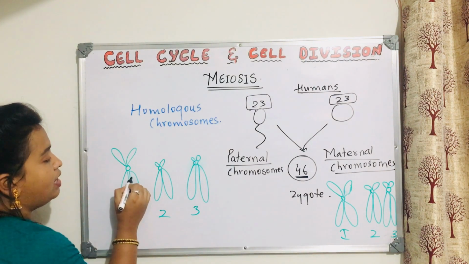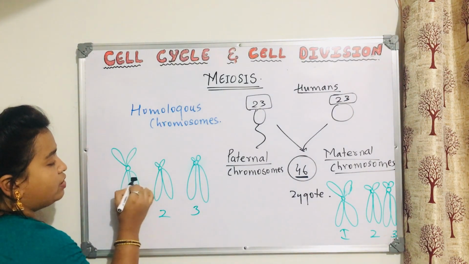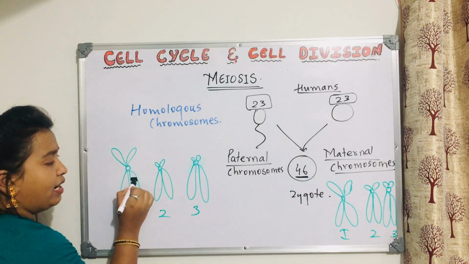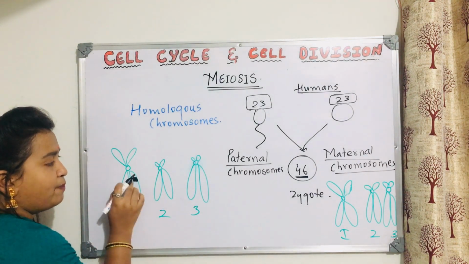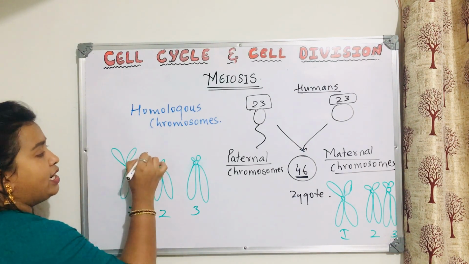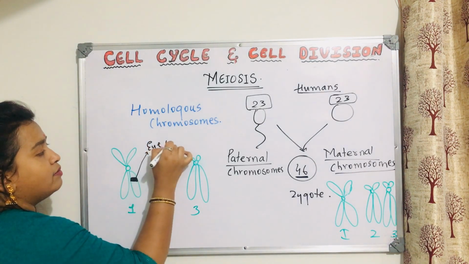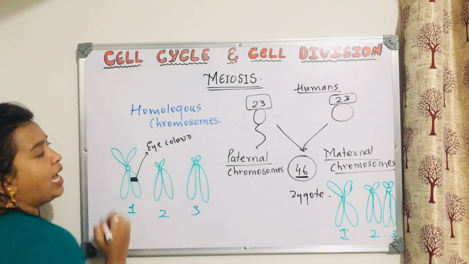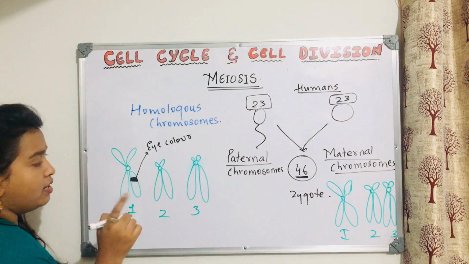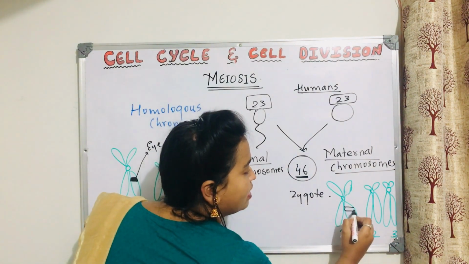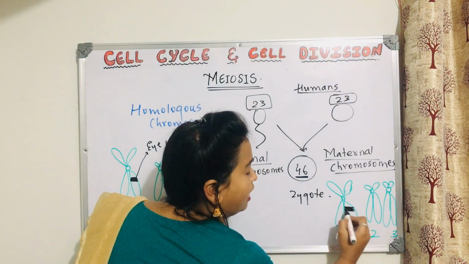Now for example, let us consider the first chromosome of paternal has a gene in this particular locus, and let us consider this gene is for eye color. Then you will find the same gene here also, though the color may be different.